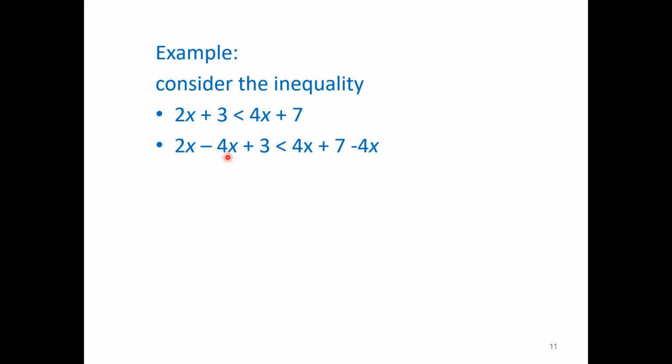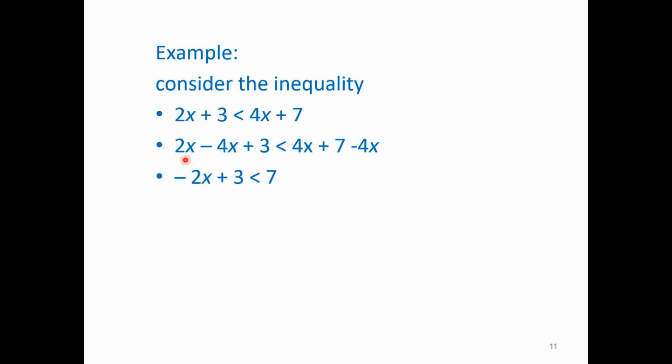So if we subtract 4x from both sides of this inequality, we see 2x minus 4x plus 3 less than 4x plus 7 minus 4x. We said adding a negative number to both sides of the inequality will not change the sense of the inequality.